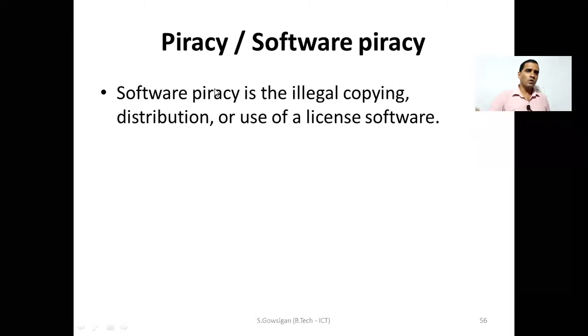Can any one of you honestly say that all the softwares in your hard disk or in your computer were purchased? Never. I cannot tell you that all the softwares installed in my hard disk were purchased. I cannot, because I copied. Not only me, it is you, it is X, it is Y, everyone. So the development of ICT made all of us thieves.